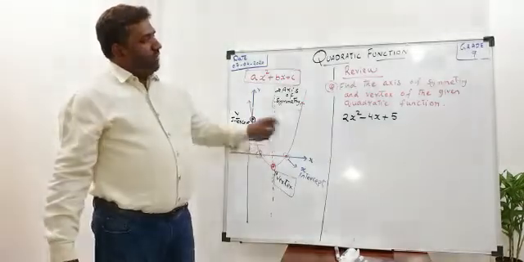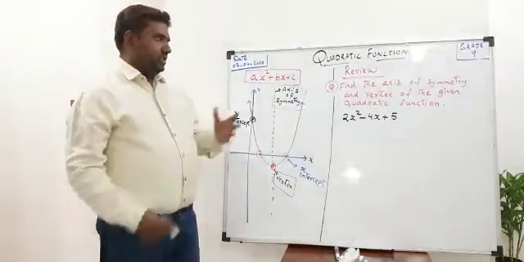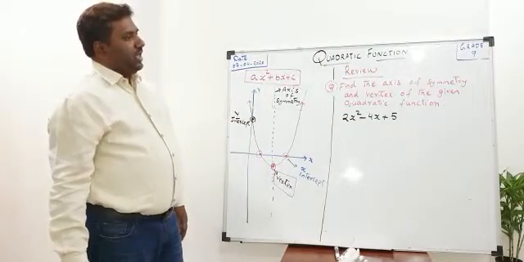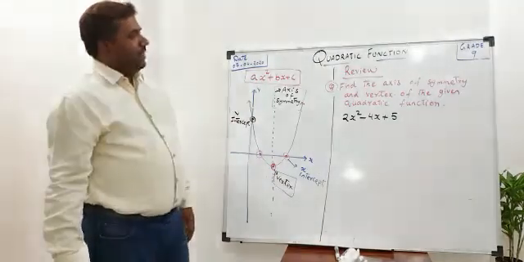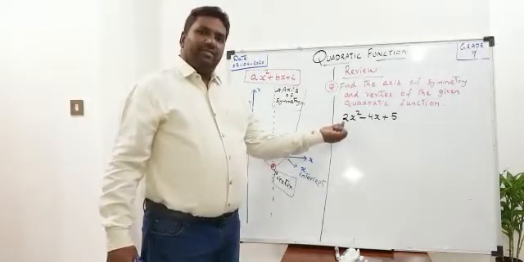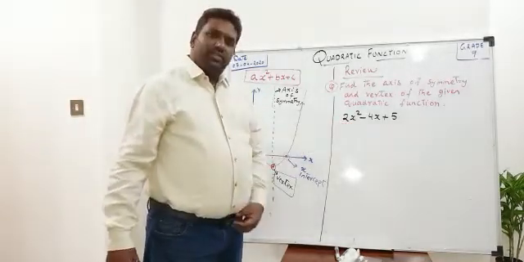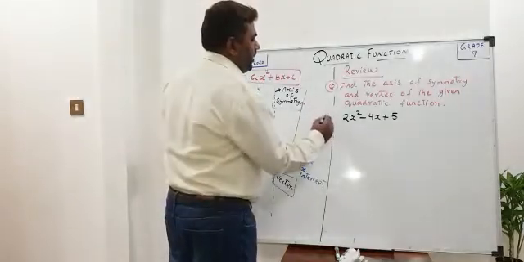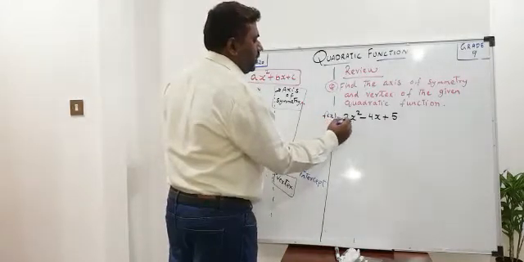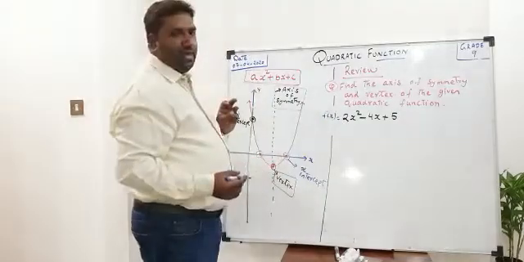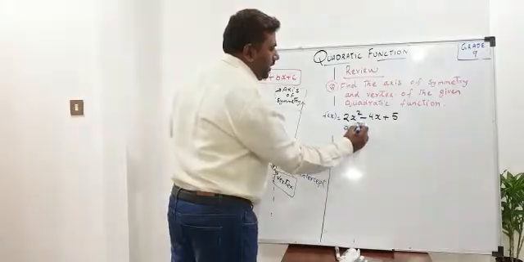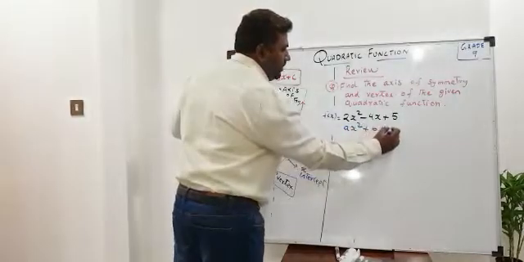Okay, so I'm going to review some of the questions. Some of the students asked me to re-explain the vertex and the axis of symmetry. If an equation is given like 2x square minus 4x plus 5, a quadratic function, f of x equals 2x square minus 4x plus 5, then we write the standard equation under it, ax square plus bx plus c.